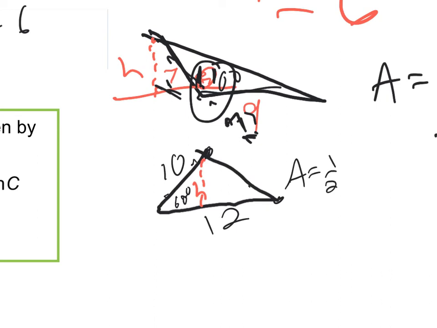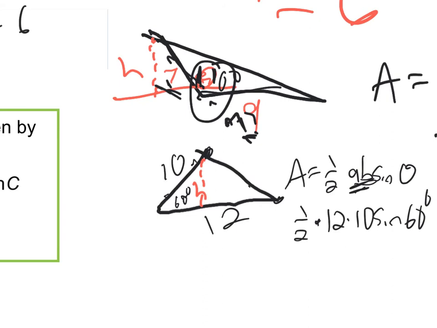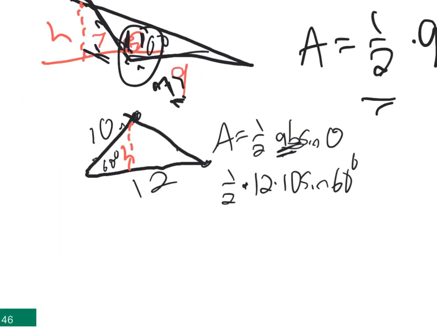1/2, and we call it a and b sine of theta, and a and b always stand for the included sides. 1/2 times 12 times 10 sine of 60. That's 1/2 of 120 sine of 60.